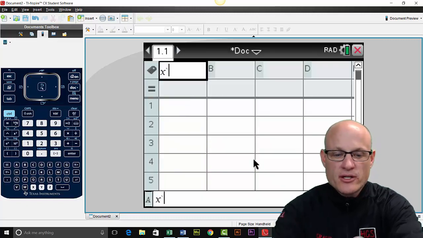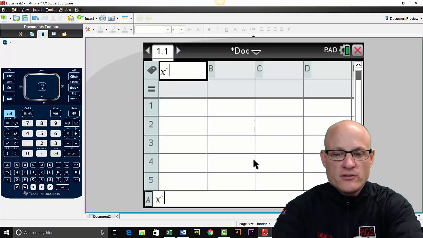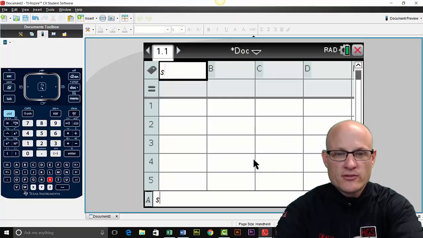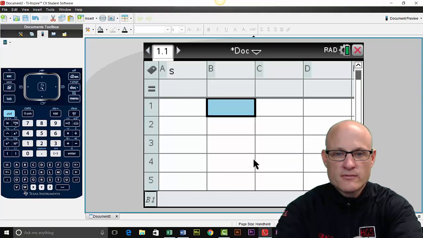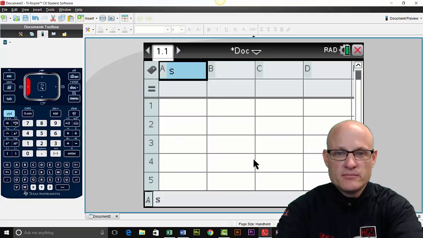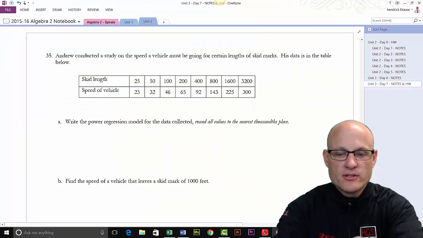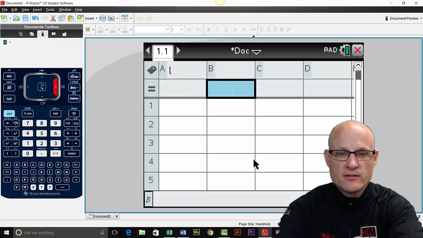All right, so we're going to call this skid S, and speed. Well, let's call this length and speed.